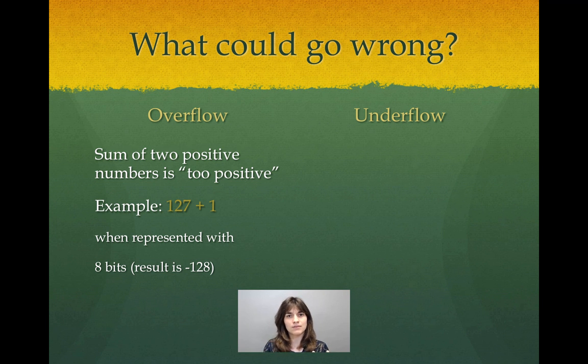Now take this number, the most significant bit 0, all the others 1, and add 1 to that number. What will you end up with in binary arithmetic? You will end up with a number that has the most significant bit being 1, and all of the rest of the bits being 0. But that is exactly the representation of the smallest negative number in the representation with 8 bits, the minus 128.